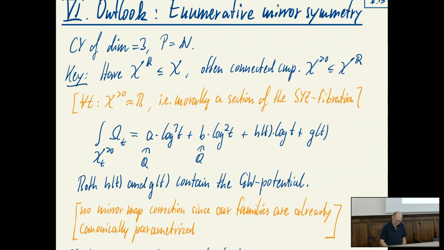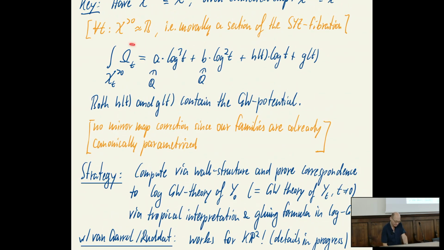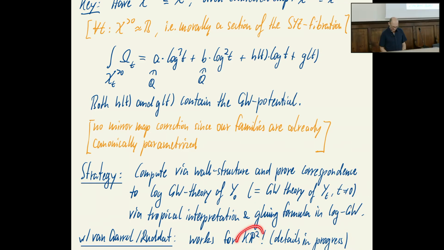So the strategy now is to compute this kind of integral explicitly. Why the wall structure? It sounds a little bit of a daunting task, but we can do it, okay? And we have done it for something like KP2, the mirror of KP2, with Michel van Garel and Helge Roeder. It's an ongoing project.